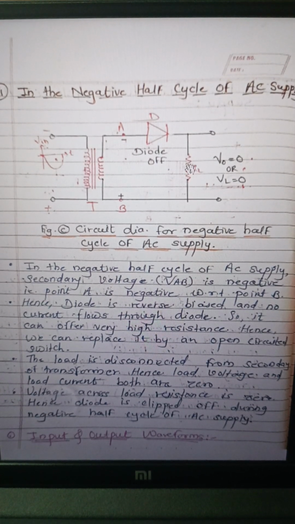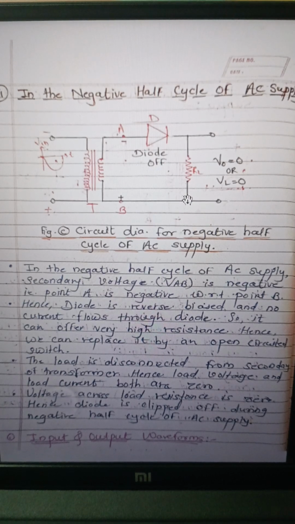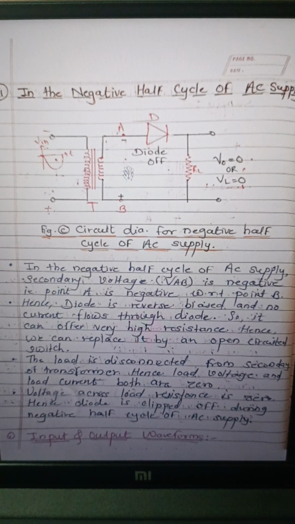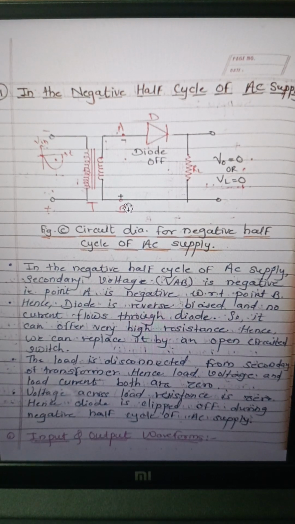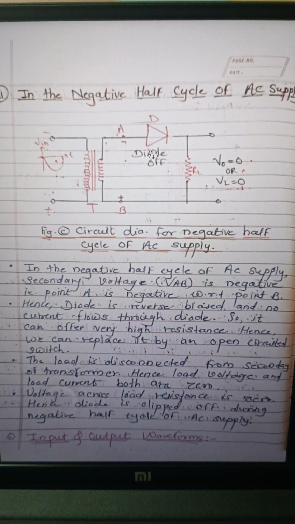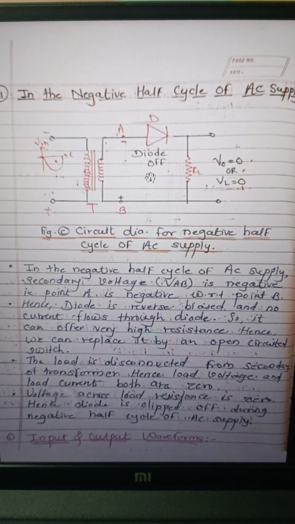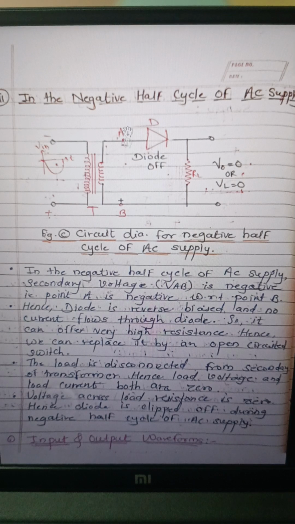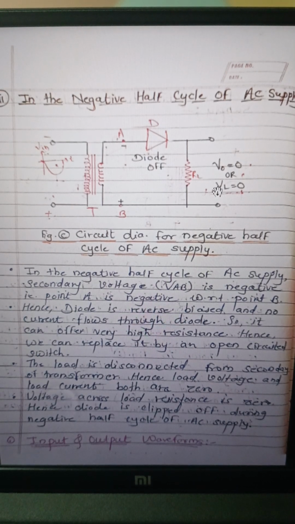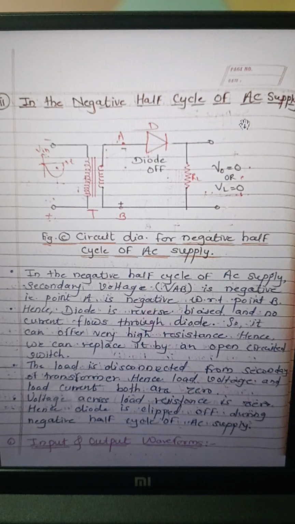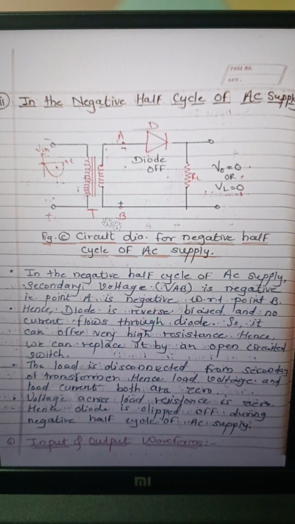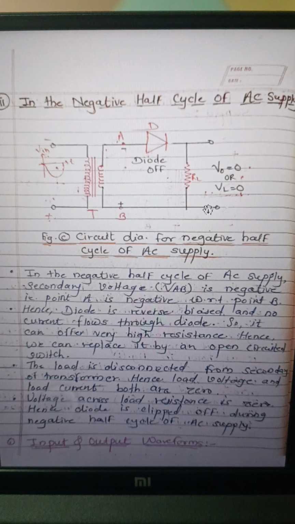So it offers very high resistance, and as diode D is in reverse bias mode, it acts as an open circuit, so no voltage across VAB appears at the load side, means output voltage V0 is 0 during the negative half cycle of AC supply.